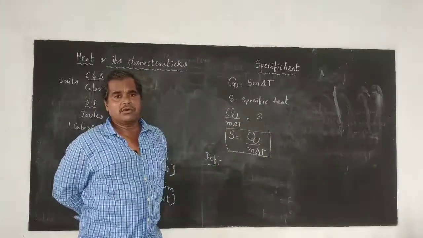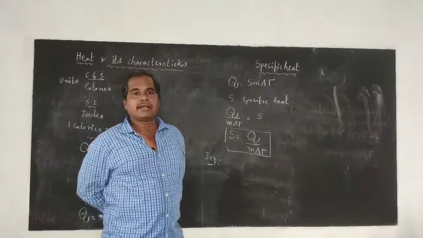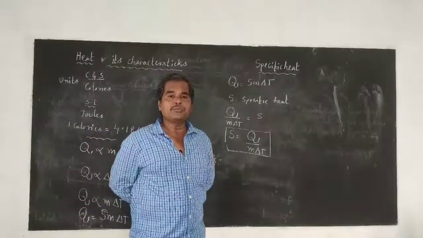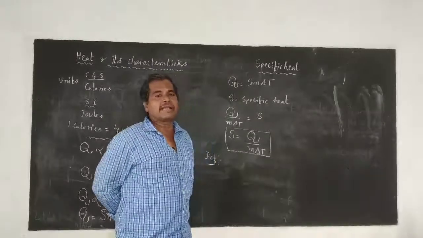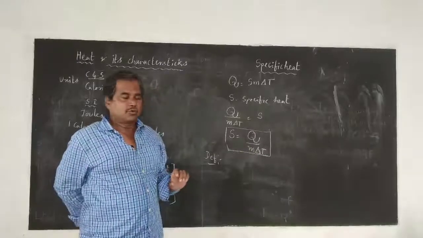Once again, the specific heat of a substance is defined as the amount of heat energy required to increase the temperature of unit mass of a substance by 1 degree centigrade. This is known as the specific heat of that substance.